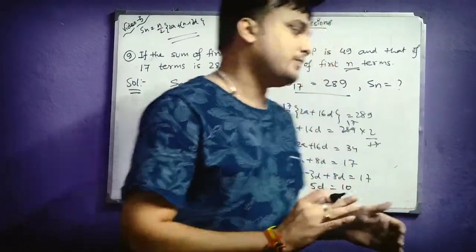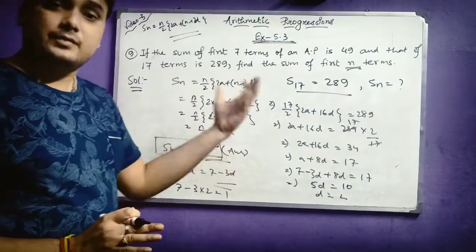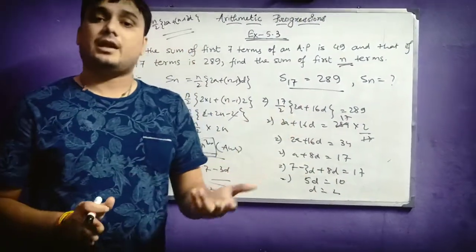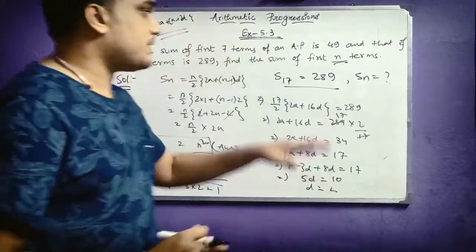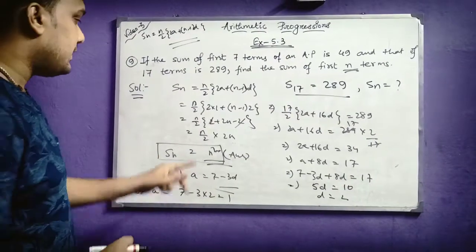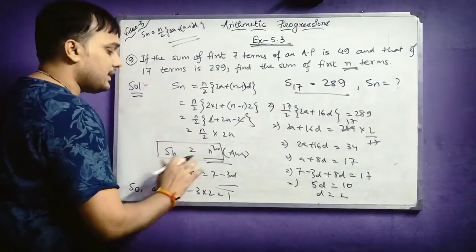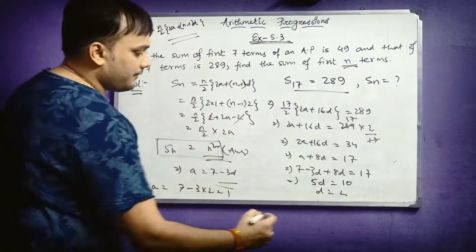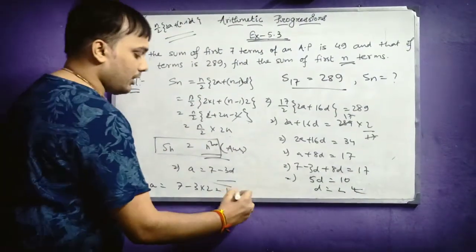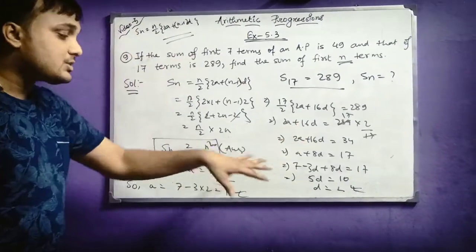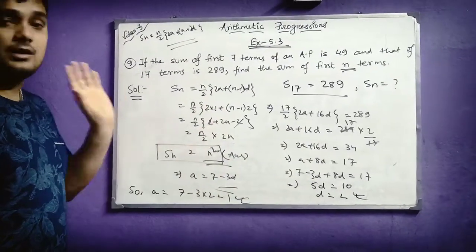So here also we have to find first A and then D, or D first and then A, and these two things we will be utilizing to get our final answer, which was asked here as sum of n terms, and here we got sum of n terms is n square. But before that we found D by solving these two equations, and then we got A, and then we use these two values to find the final answer.